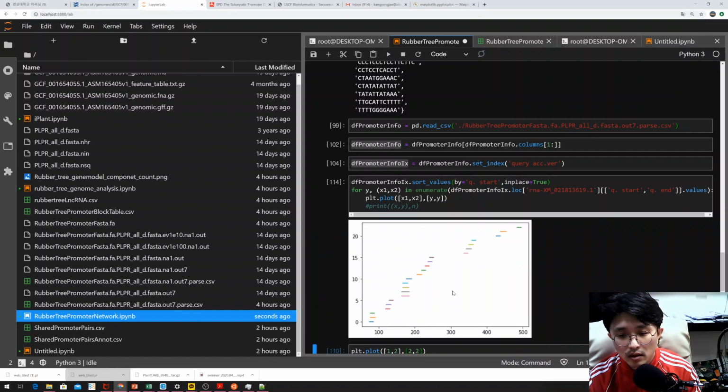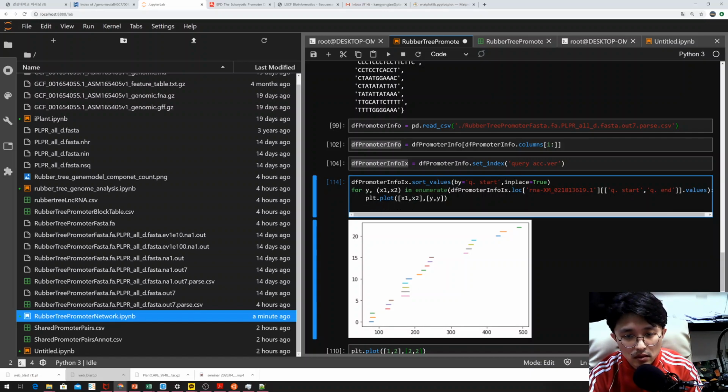Okay, then it is more ordered, right? So this is the plot x label. So this is the situation. This is the situation of the promoter existence in the upstream of a certain gene, right?